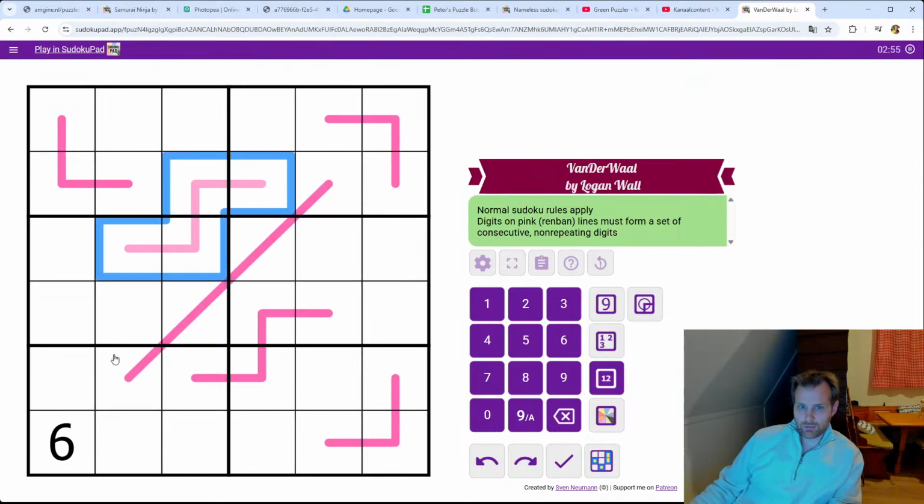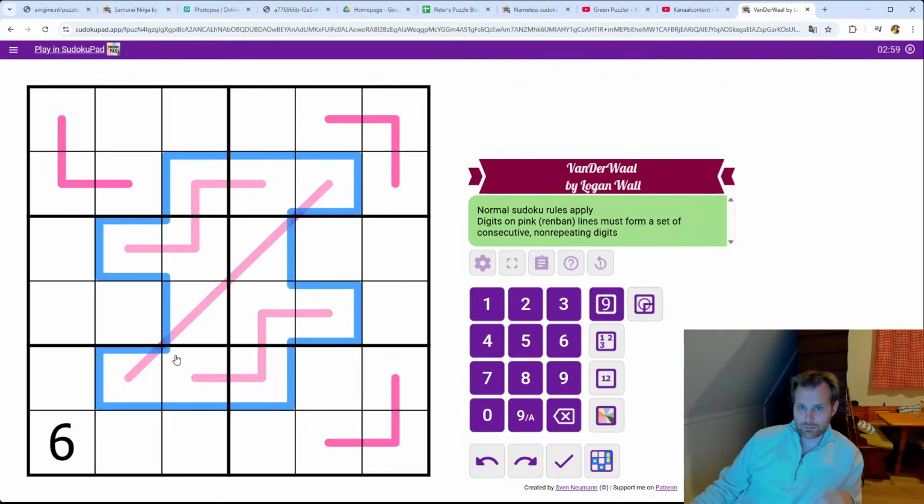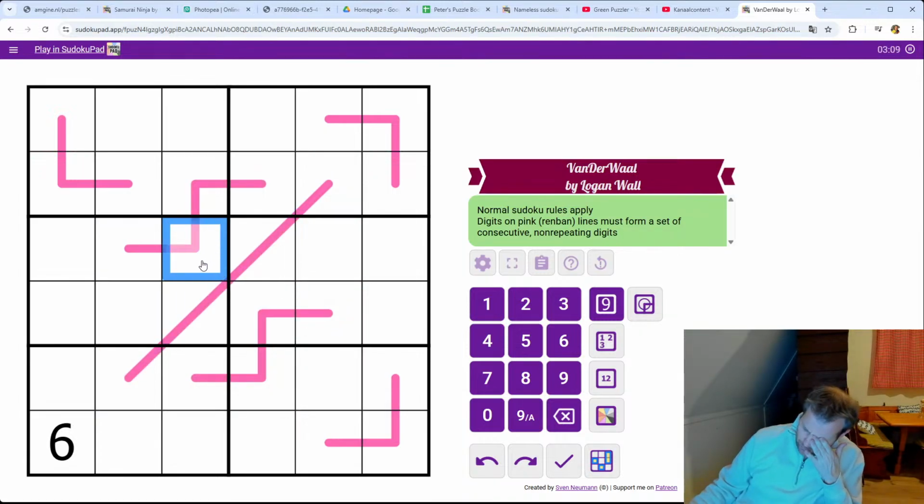So it must be something with this combination. So 6 by 6 seems easy, but 6 by 6 doesn't have to be easy.